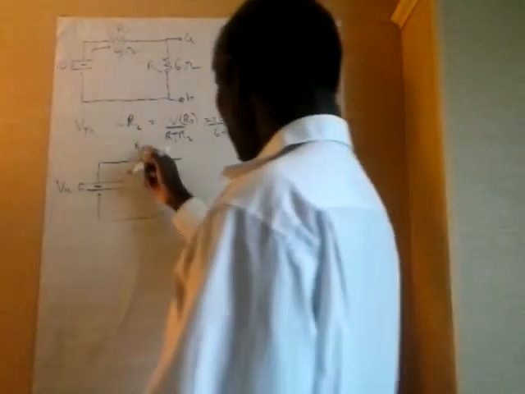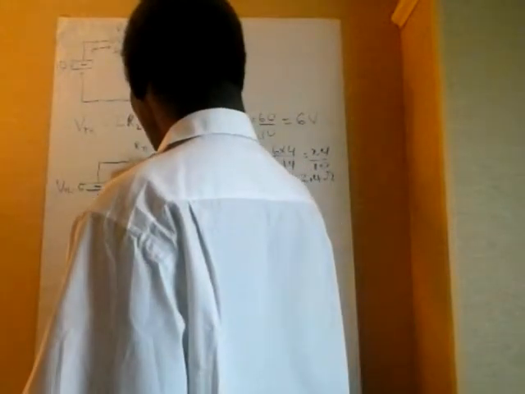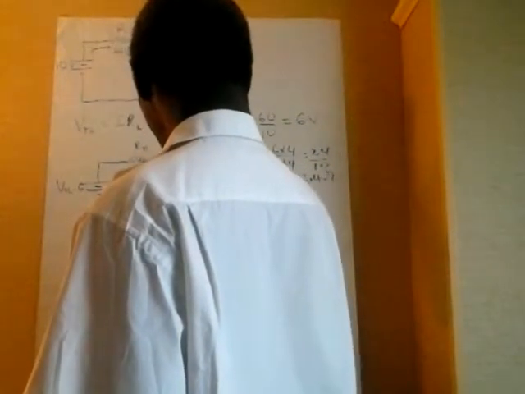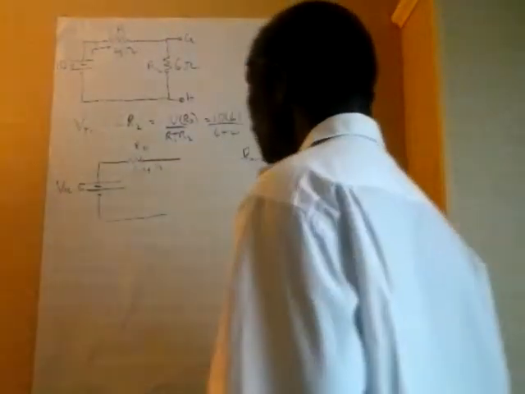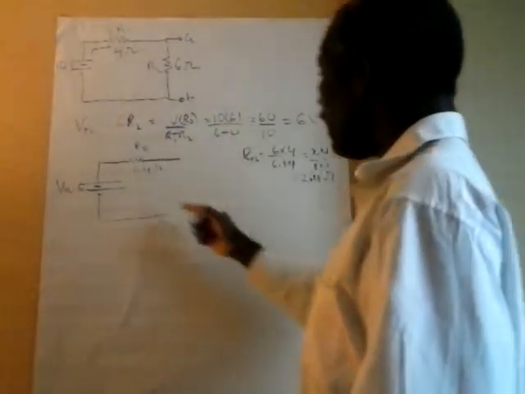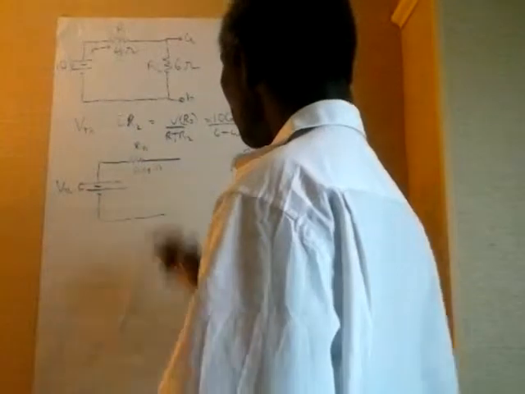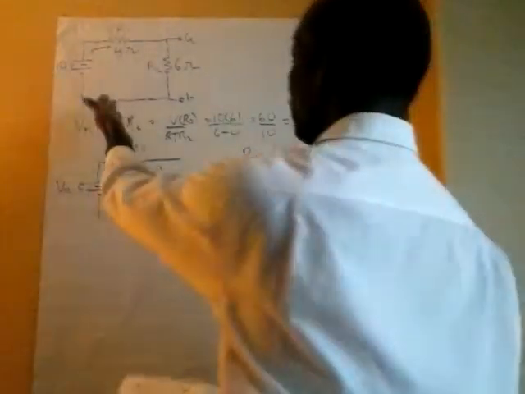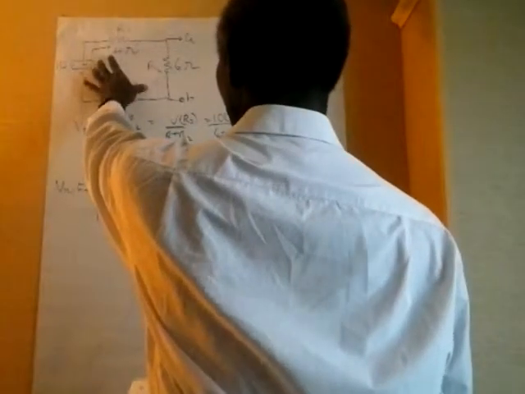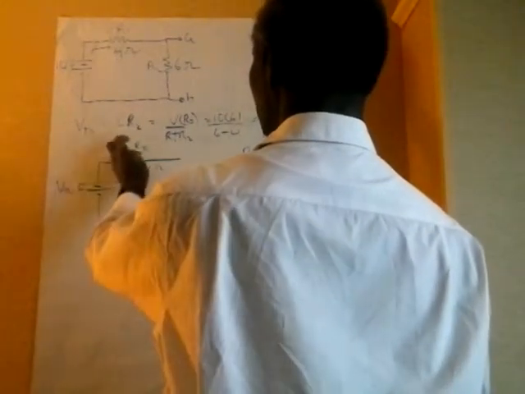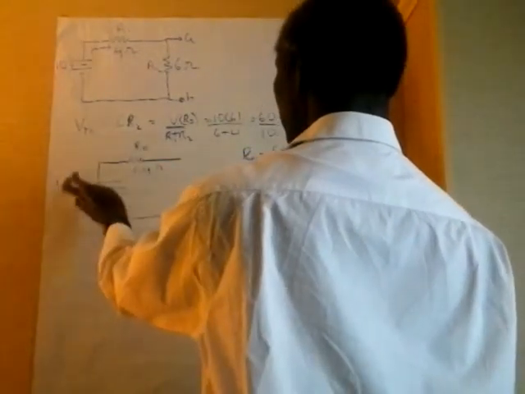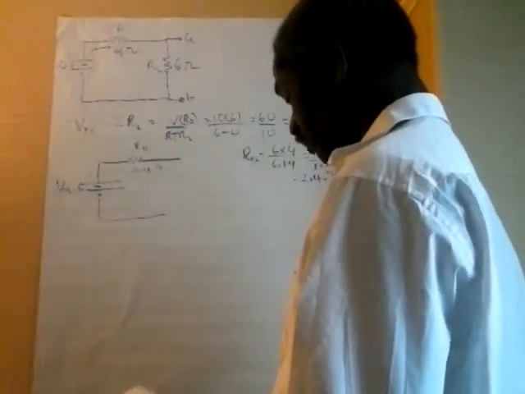So the equivalent circuit has a Thevenin voltage VTH of 6 volts, which we calculated, and a Thevenin resistance of 2.4 ohms. So by the Thevenin theorem, this circuit can be replaced by a Thevenin voltage, VTH, and a Thevenin resistance, RTH, and we calculated both.